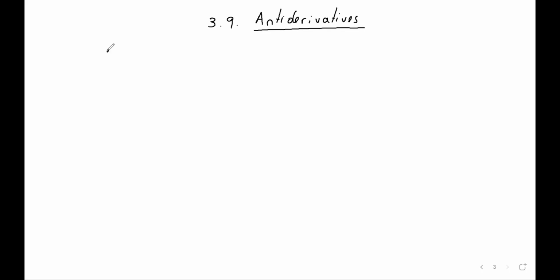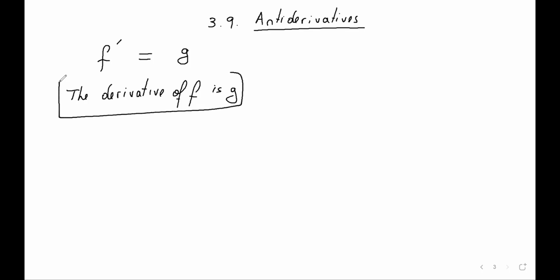Let's say we have a function f, and we calculate the derivative of f, and we find out that the derivative of f is g. We can write that in words.